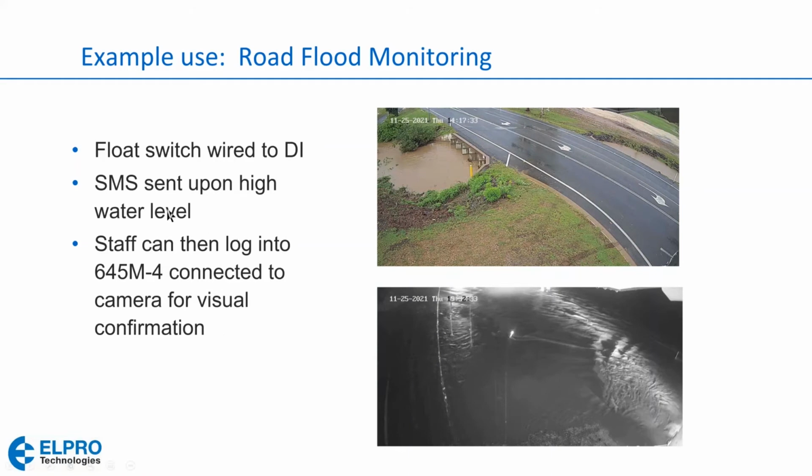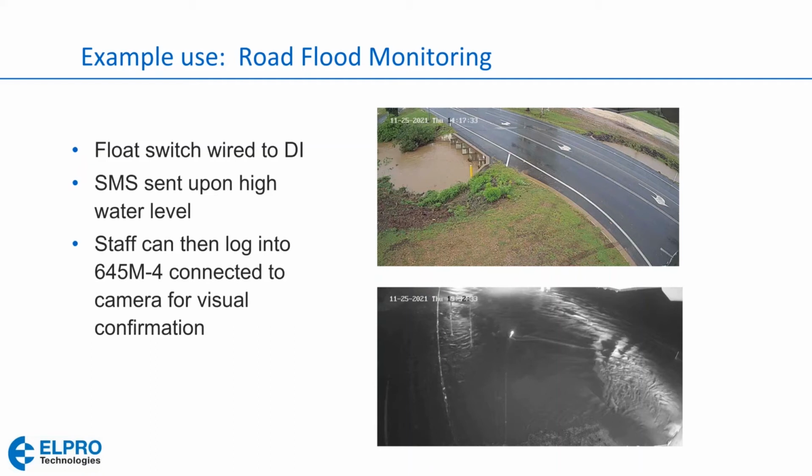They also have a float switch wired into a digital input on our 645M-7. That sends text messages to staff to let them know they've got an alarm condition here. They're probably going to have to dispatch crews the next day to clear the road and the debris away once the water levels recede.